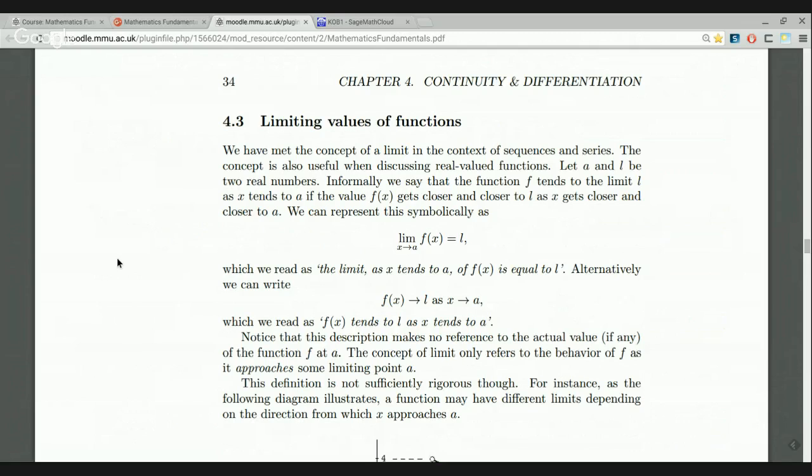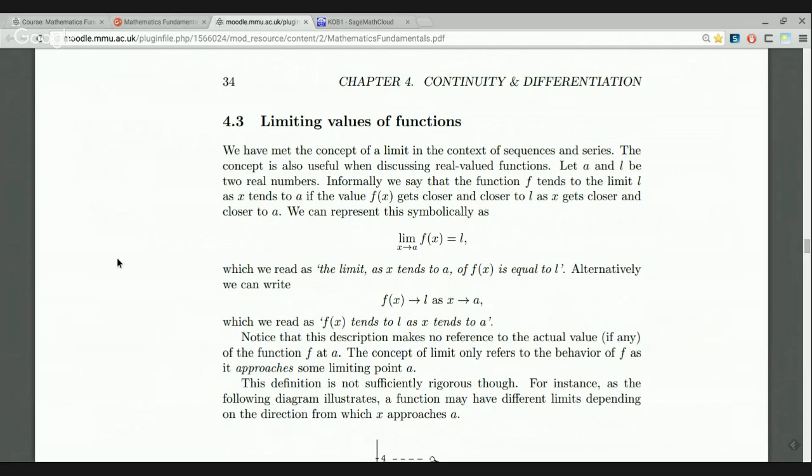When we looked at sequences, we were increasing the index of the sequence and looking at how the terms of the sequence evolved and whether there was any limiting behavior exhibited by the terms. Sequences are just lists of numbers. Here we're looking at something more abstract, a function, something which is defined for every real number x, not just for integer values 1, 2, 3, and so on, which is what a sequence is.